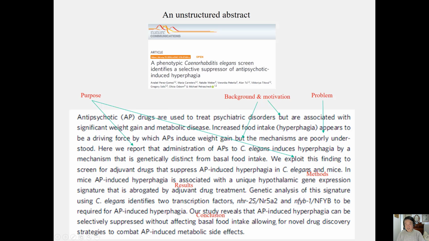Then it says, allowing for novel drug discovery strategy. Therefore, this is the projection. This study didn't investigate the new drug, but they say it allows for future study. This will be the significance, or we call it external validity. What will this result be used for in the future?